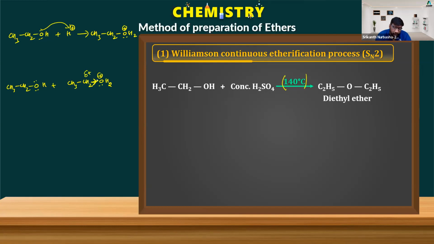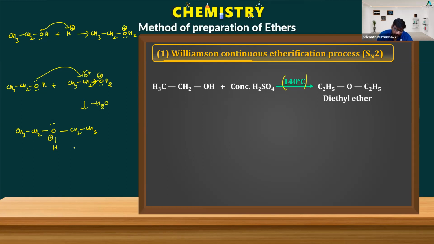The other molecule of alcohol, with a lone pair of electrons on oxygen, will act as a nucleophile. So this oxygen attacks this carbon, generating CH3CH2, oxygen with one lone pair, an OH bond and positive charge, connected with CH2CH3, and loss of water occurred.